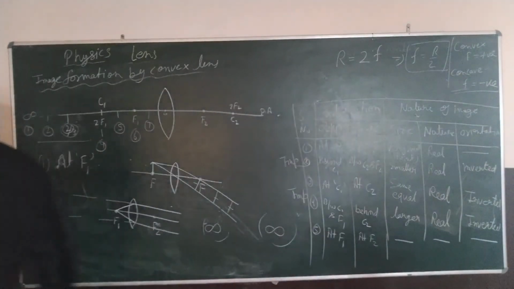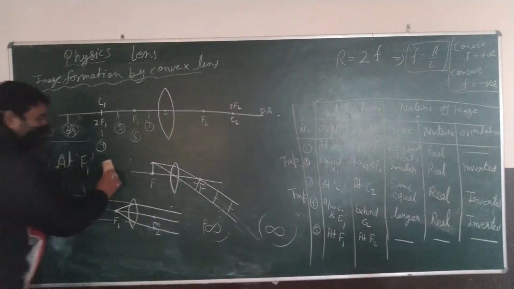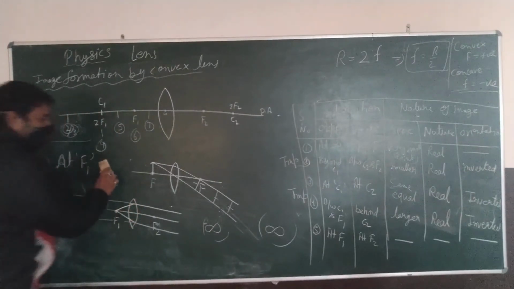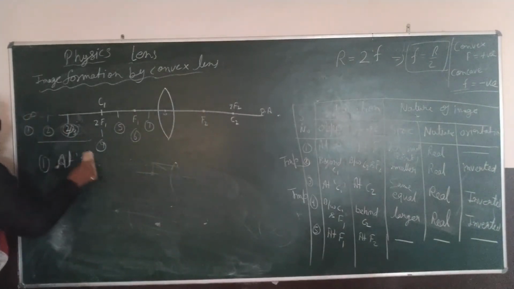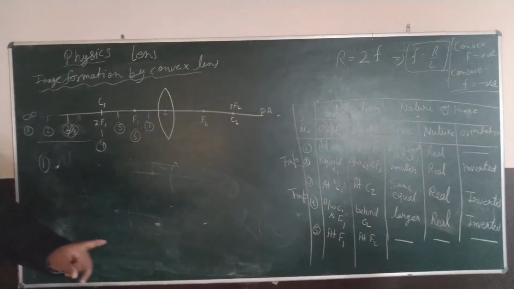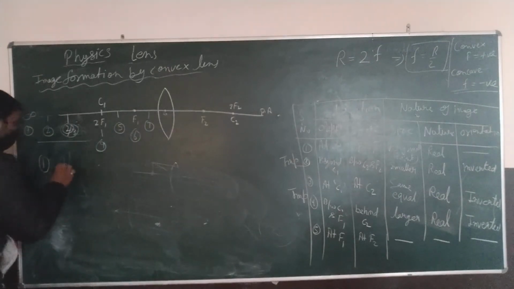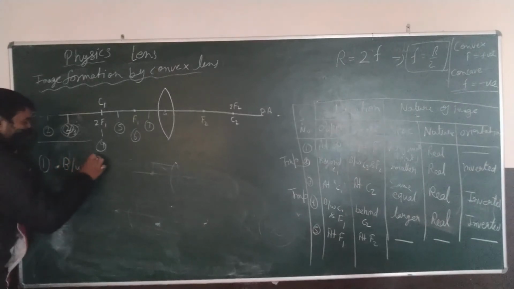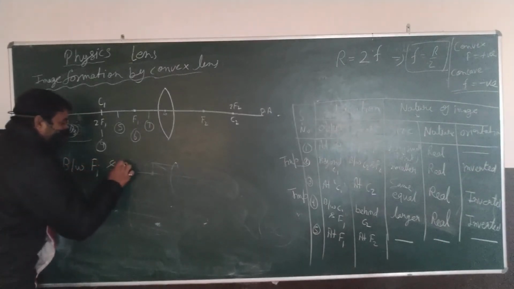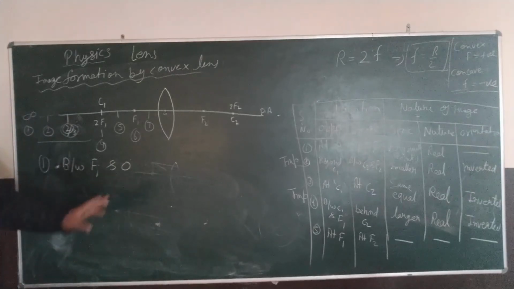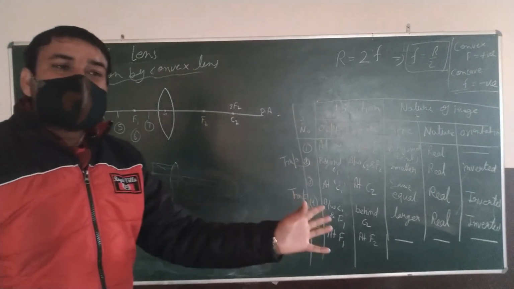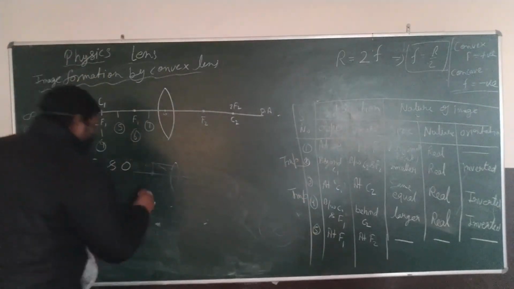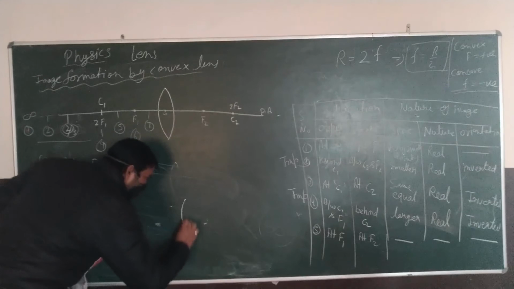Okay. Next, what we have? Ready? And the last and very important type of formation of image. Object in between F1 and O. O is the optical center, or you can also say between the lens and its focal length.